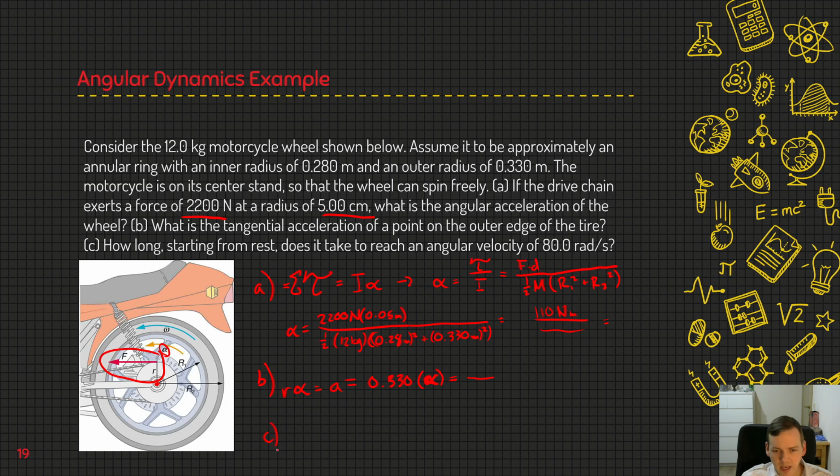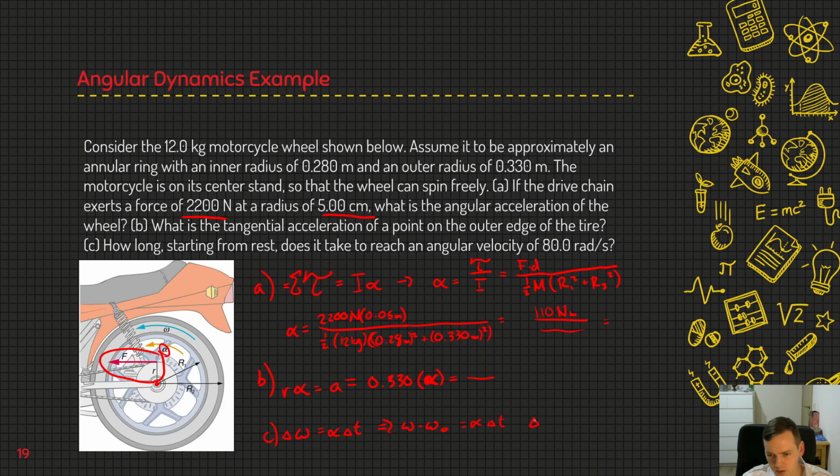And then C, how long from rest does it take to reach an angular velocity of 80 radians per second? Well, we know that delta omega is equal to alpha delta t. This is just one of our kinematics equations, delta v equals a delta t. So omega minus omega naught is equal to alpha delta t.